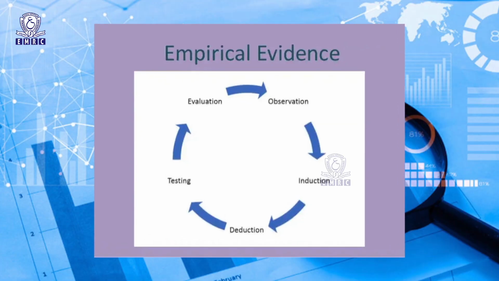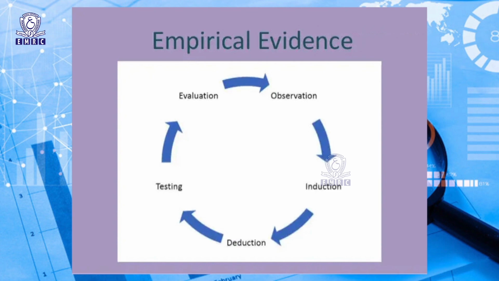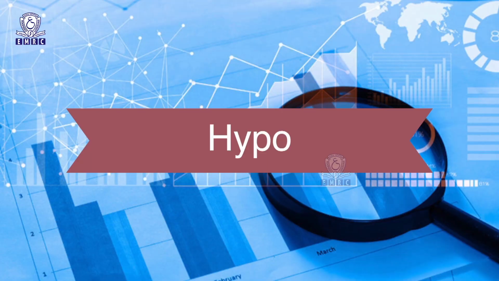The meaning of hypothesis. Hypothesis is an assumption or proposition about the relationship between the variables of the proposed research. The association between variables is tested on the basis of empirical evidence and previous knowledge. Etymologically, hypothesis is made up of two words, hypo, which means less than, and thesis, so it means less than a thesis.